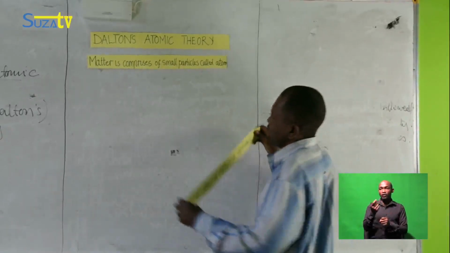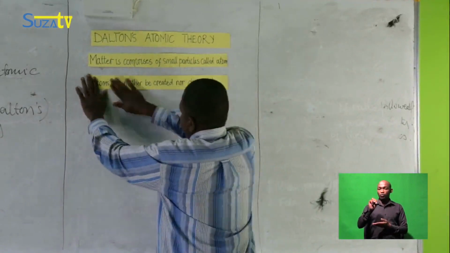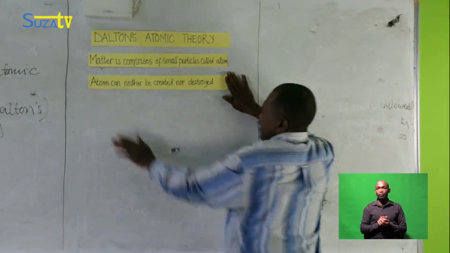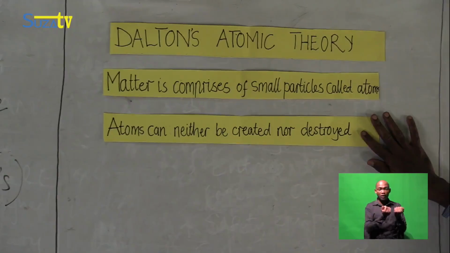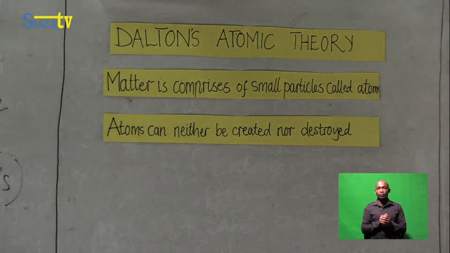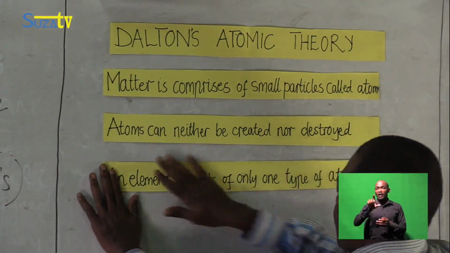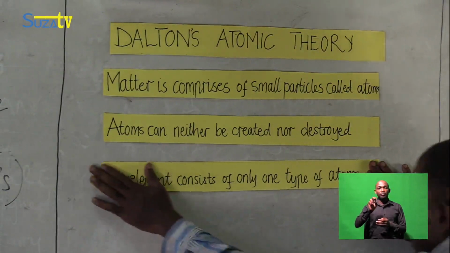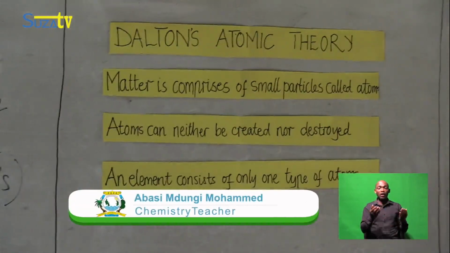The second one is atoms can neither be created nor destroyed in chemical reactions. Postulate number 3 is an element consists of only one type of atom.